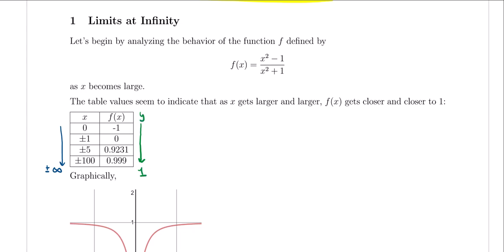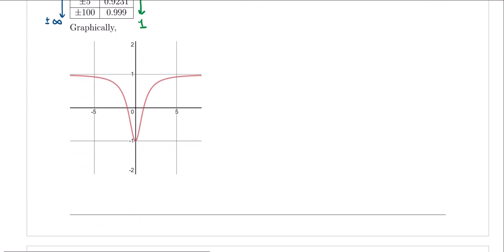Now, this is also illustrated graphically with the graph of the function. We get to see here that as our x's are getting larger and larger in the positive direction, in this case the x's are going to infinity here, the y values seem to be getting closer and closer to 1. And if the x's get larger and larger, but this time going in the negative direction, the y values are still getting closer and closer to the y value of 1.